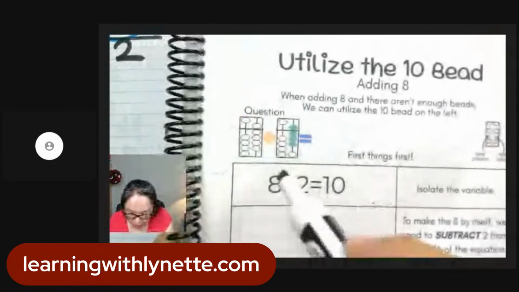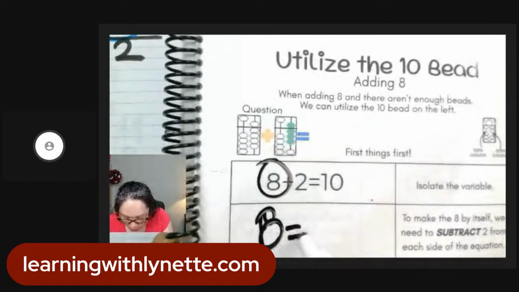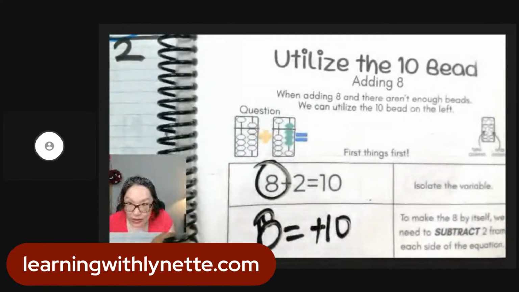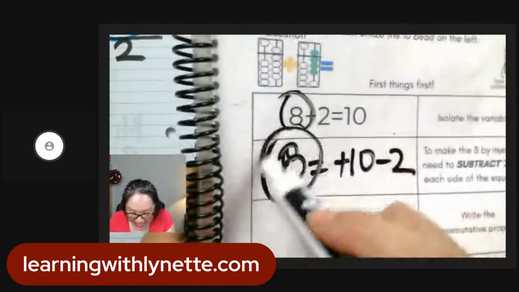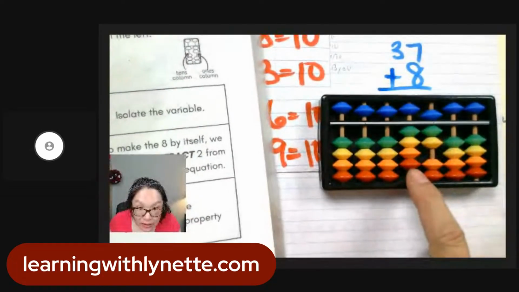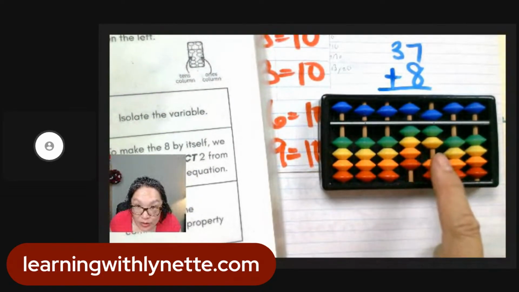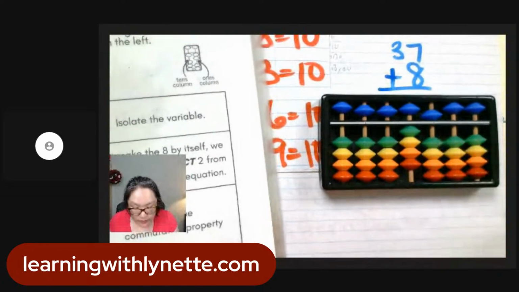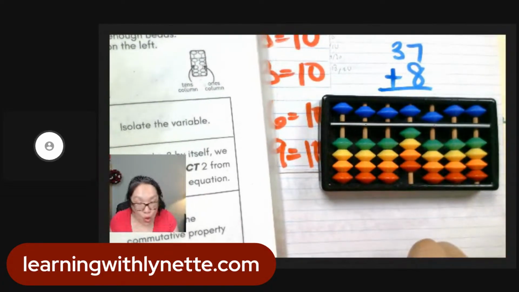So we're adding the 8. When we add the 8, we need to do what? 8 is equal to 10. Notice 10 is too much. We need to minus the 2. So if we want to add the 8, what do we do? Plus the 10 minus the 2. So my final answer is 45.